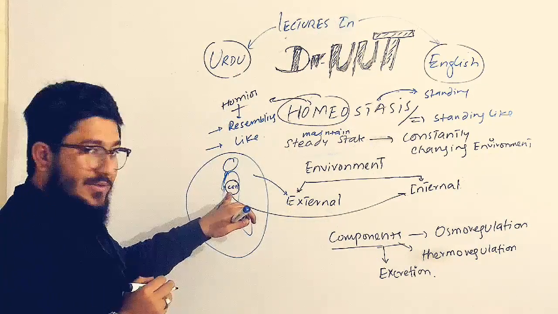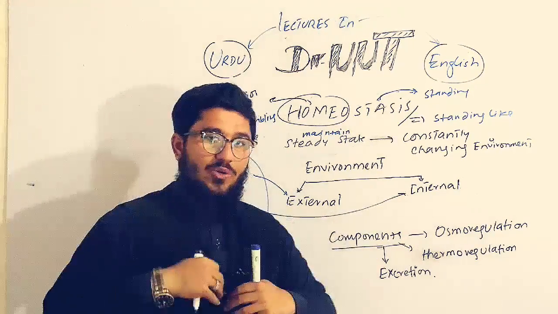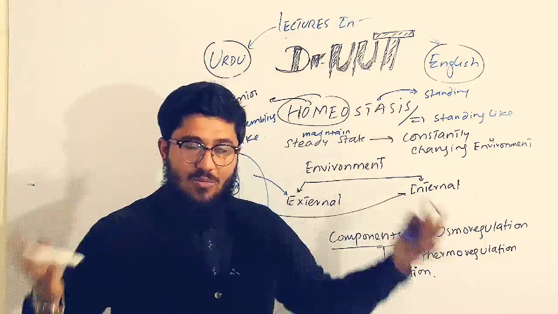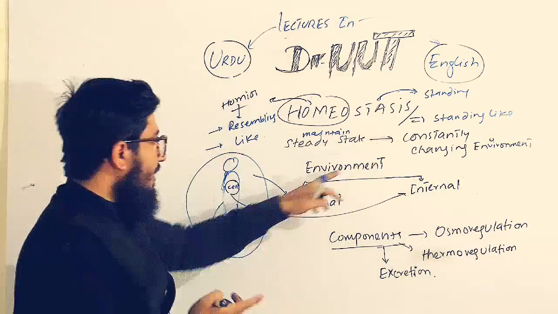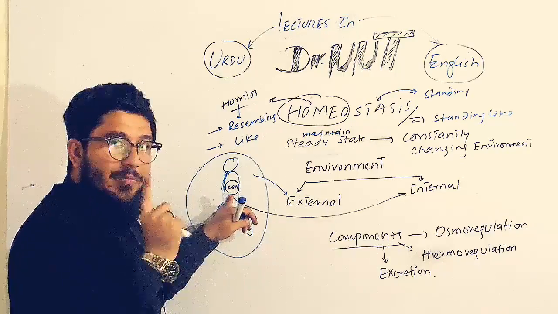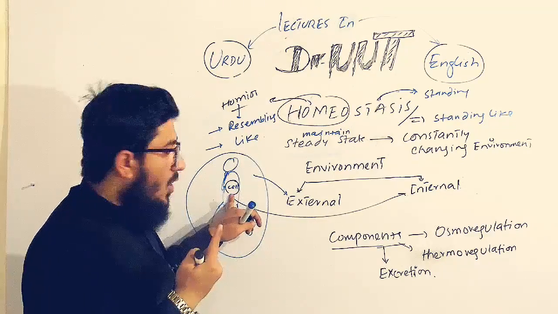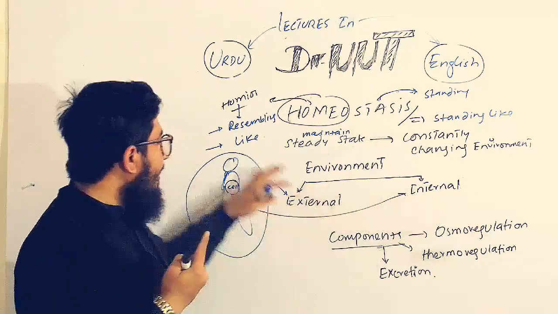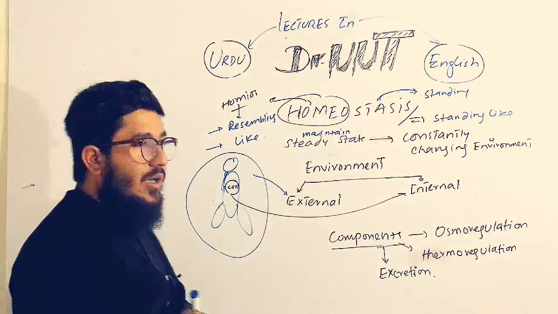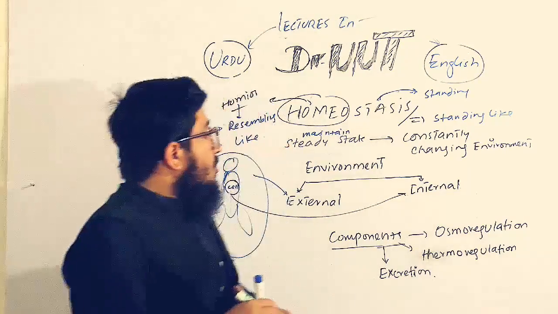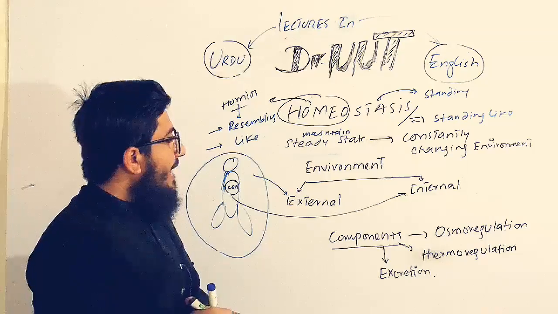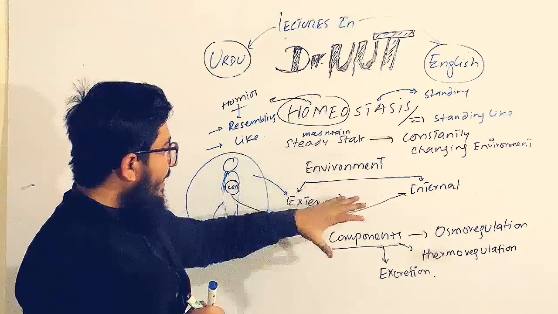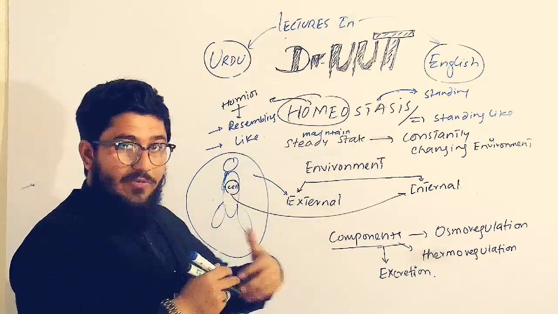In biological terms, the environment around the cell is the internal environment, and around the living body is the external environment. So as usual, we are defining the terms, and after that we go further.